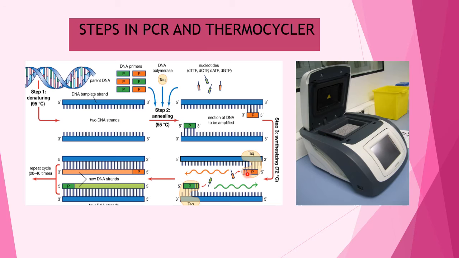So here the Taq polymerase enzyme synthesizes the new DNA in the 5 to 3 direction. This is the backward synthesis of DNA from 5 to 3'. This is the forward synthesis, where the synthesis of new DNA again takes place in the 5 to 3 direction. So always the DNA synthesis will take place in the 5 to 3 direction.